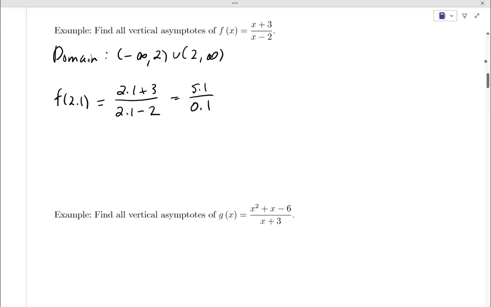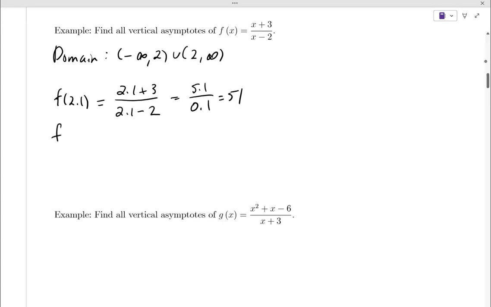I purposely picked this one because that's a tenth. If I'm dividing by a tenth, what am I really doing? Dividing by a tenth is the same thing as multiplying by what? 10, right? Remember when you divide by a fraction, you multiply by the reciprocal? So if I'm dividing by a tenth, I'm really multiplying by 10. This turns out to be 51, right?